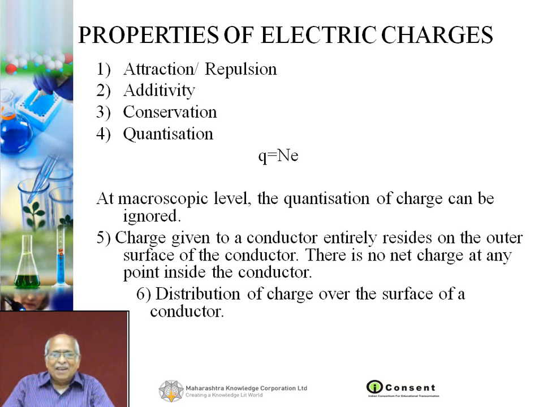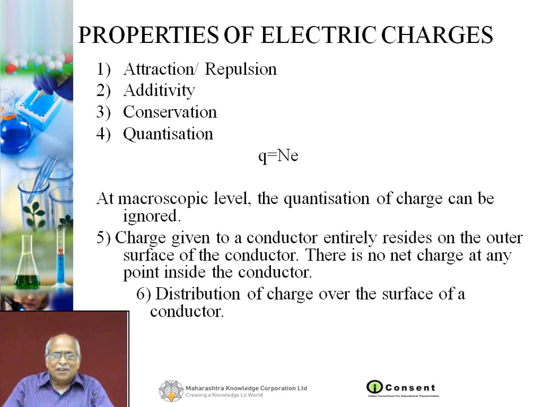Second property, additivity. Very simple. If we have charge Q1 from one source, charge Q2 from another source, total charge will be Q1 plus Q2. In this way, many charges can be added.